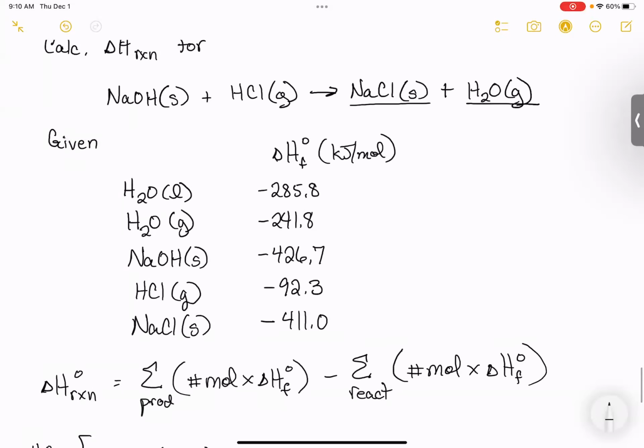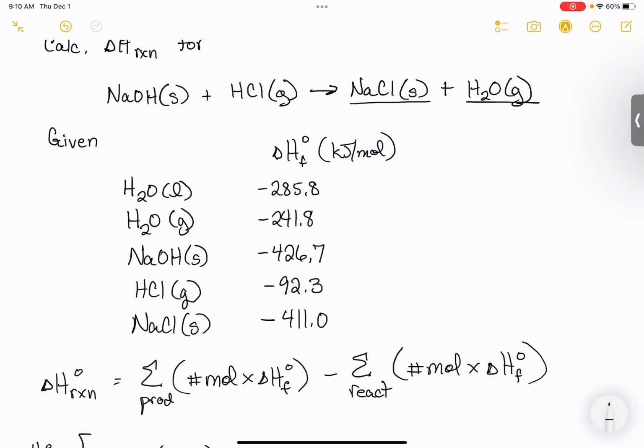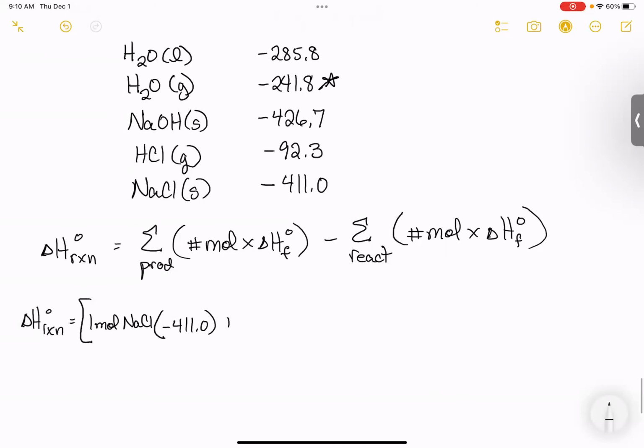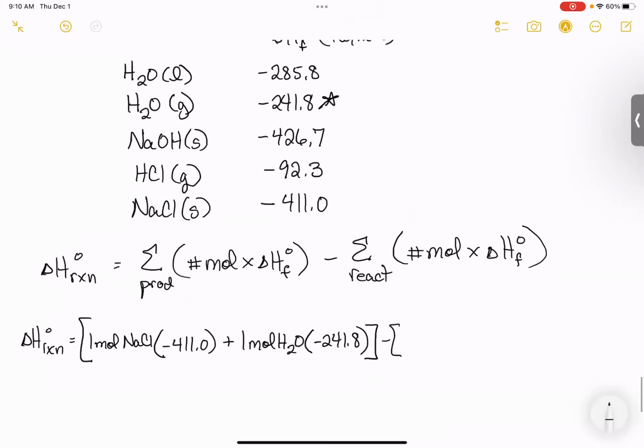Water in gas form. That is important. I actually put both waters up here for a reason, because it's not only the substance, but the state of matter that is important. So you have to choose the correct one. I need water gas. So that means it's plus 1 mole of water times negative 241.8 kilojoules per mole, minus the reactants, which was sodium hydroxide solid.